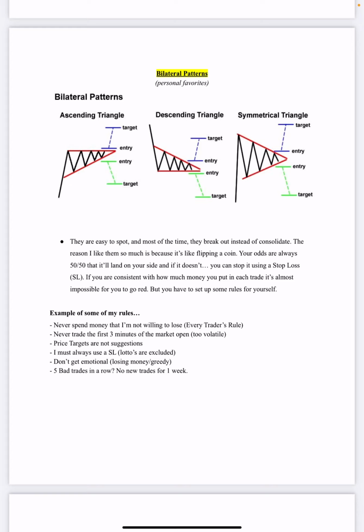The reason why I say it's almost impossible for you to go red is because if you're flipping a coin, let's say, and you use a 2% stop loss, which most day traders do. So if I have a 2% stop loss and I'm looking for 10% gains, every time I flip a coin and I lose, that's only 2%. I have to lose 5 times in a row in order for my 2% stop loss to hit 10% losses total on the day, let's say.